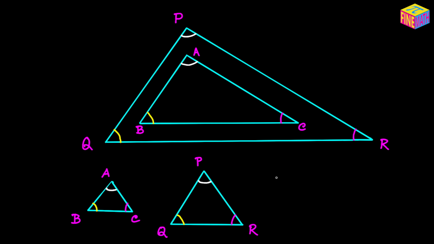Now we are going to discuss the various criteria based on which we can decide whether two triangles are similar or not. The first criterion is this.